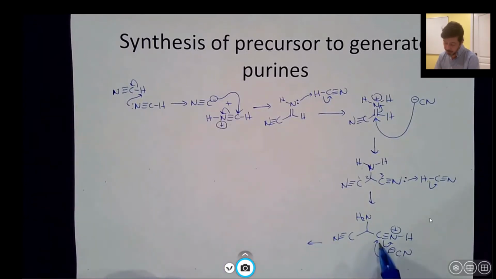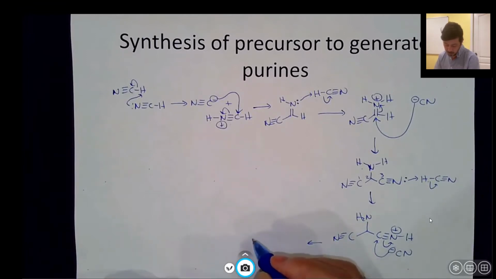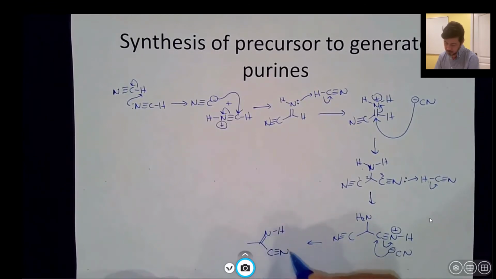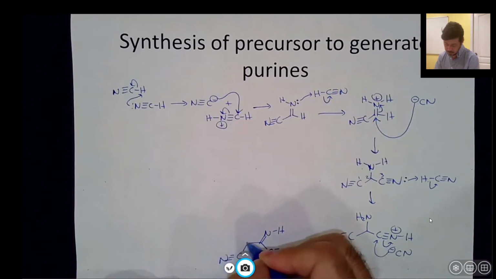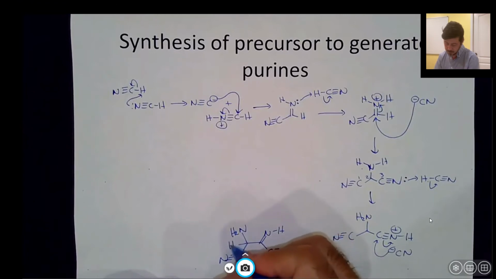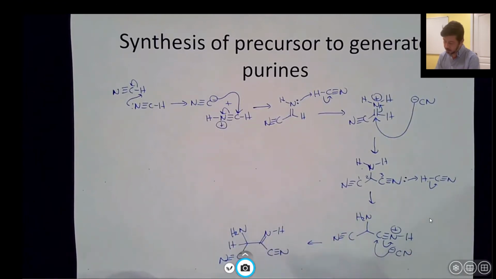So this comes and reacts, right? Just like we've seen before. So you can see this pattern. And what you have is a molecule that looks like this.